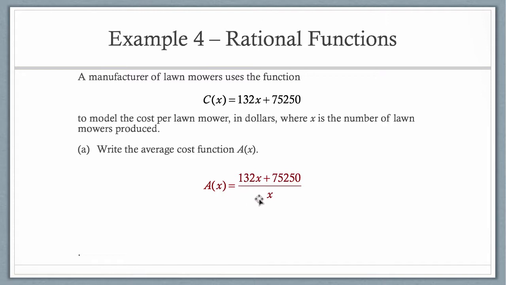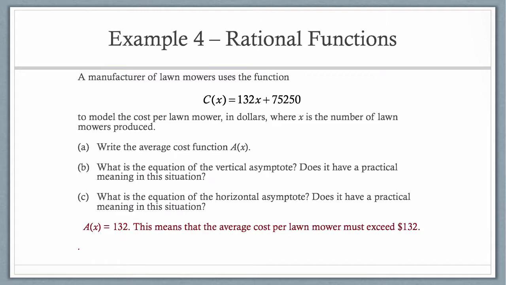The leading coefficient of the denominator is 1. So if I divide those, I get y = 132. So that means in this problem, A(x) is equal to 132. A(x), remember, represents the average cost per mower.